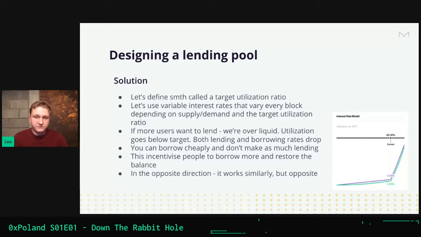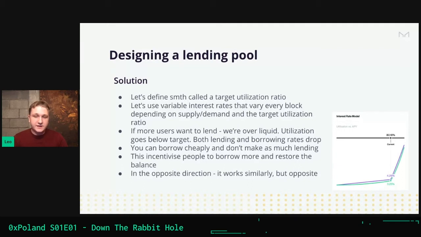So people who borrowed before will start to return their loans and repay them, which will bring the utilization ratio down. And the other way around on the other side of this curve. If not enough people borrow, then it becomes cheaper to borrow and it incentivizes people to borrow. So there will always be this balance in the system.